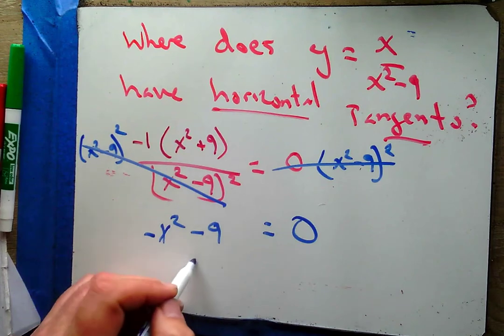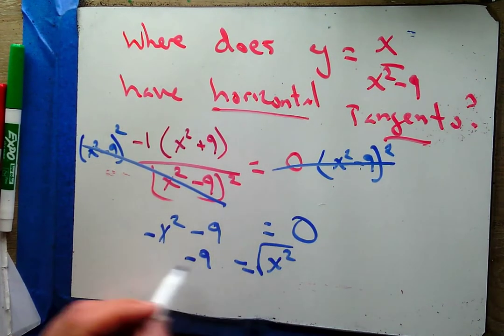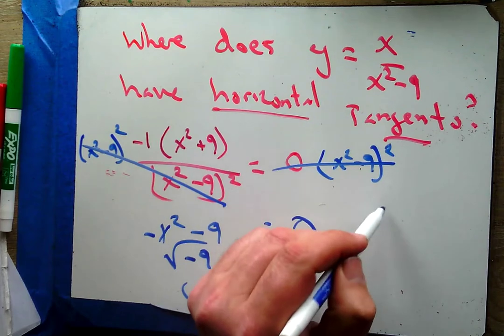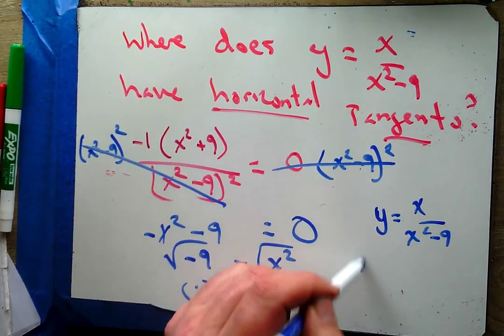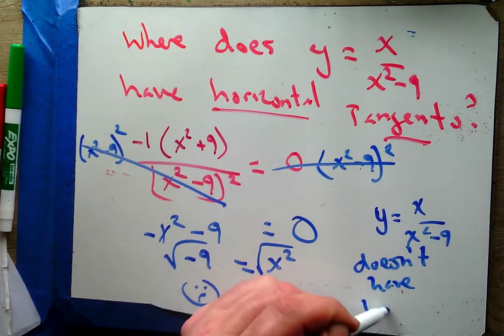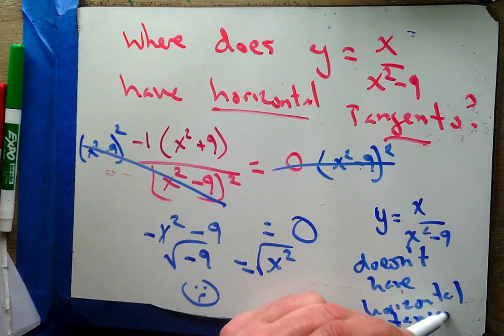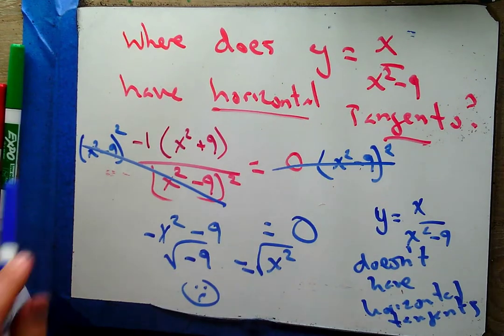So then I've got negative 9 equals x squared, and I try to take the square root of both sides, and I can't take the square root of a negative number. And so the answer is y equals x over x squared minus 9 doesn't have horizontal tangents, because we couldn't find any place where the derivative was equal to 0.